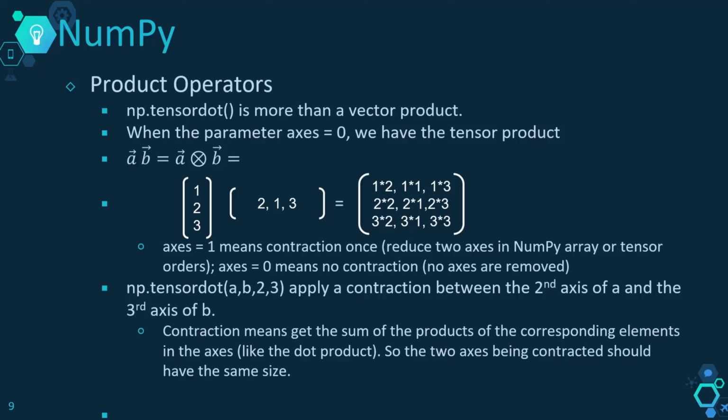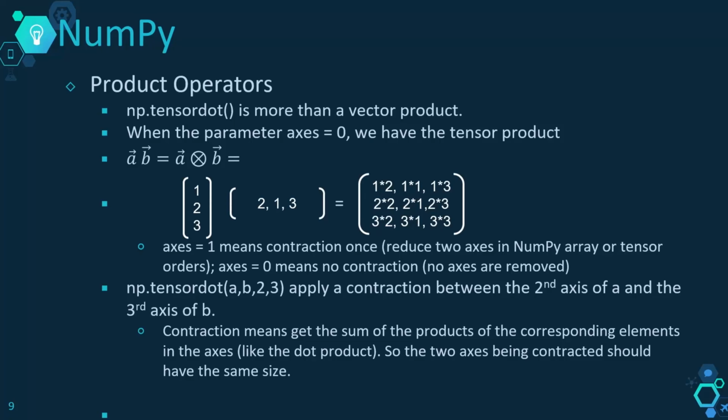So that's why here it says axis equals 0. That means outer or tensor product. A is the first order tensor, B is also first order tensor. So you get a product without doing anything, then you get a second order tensor. So that means we don't do any contraction, that's outer product.